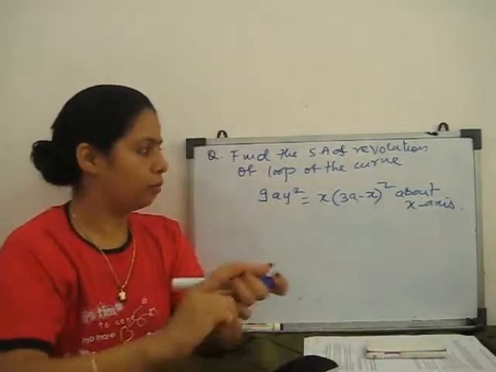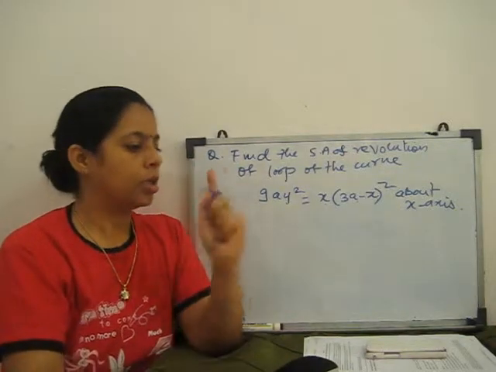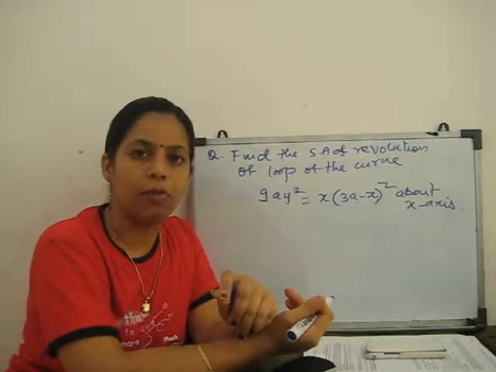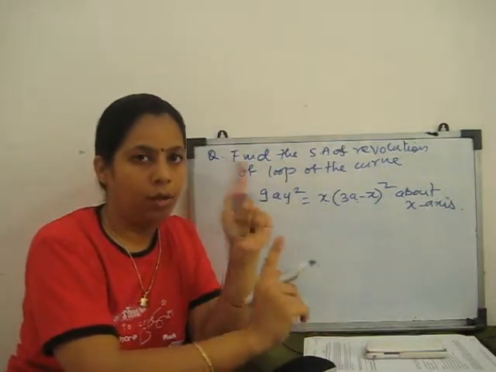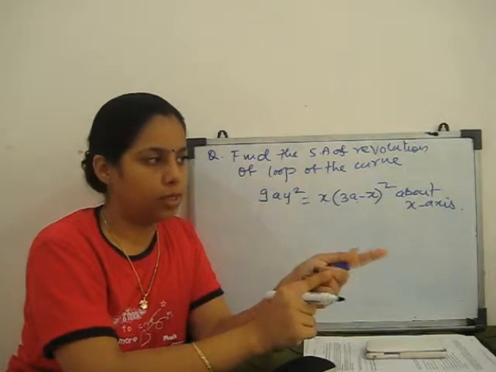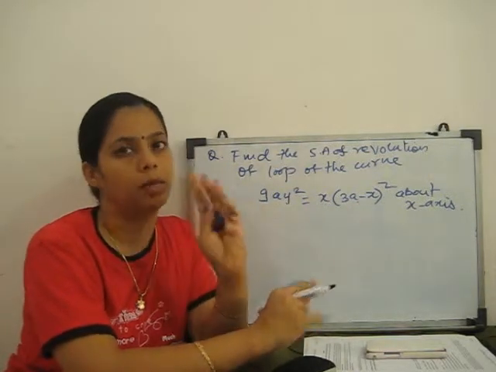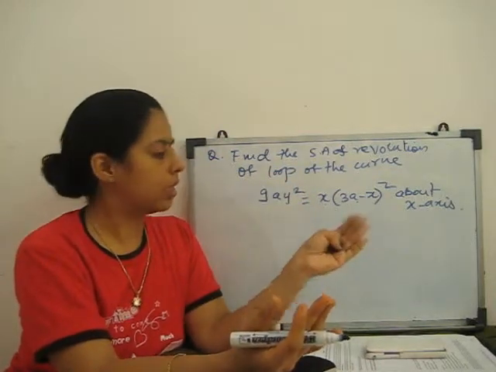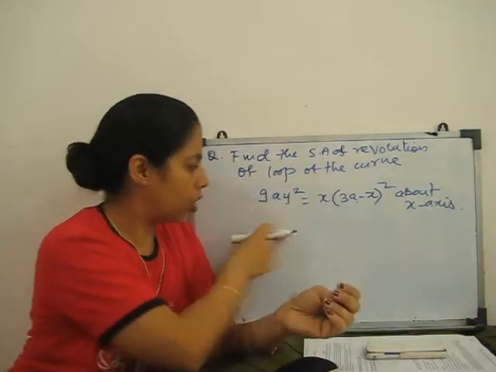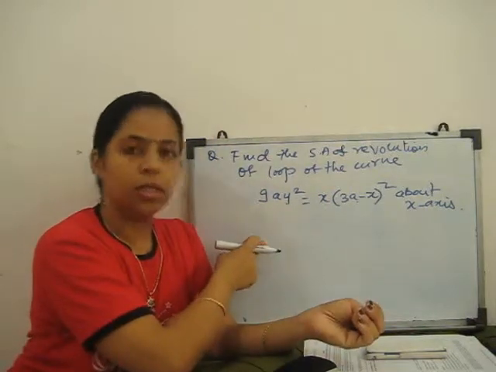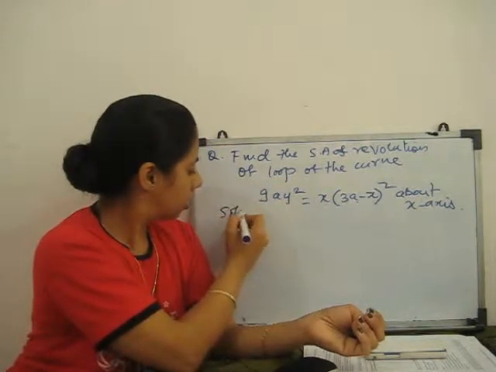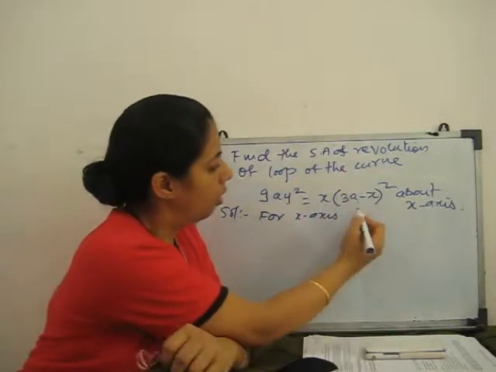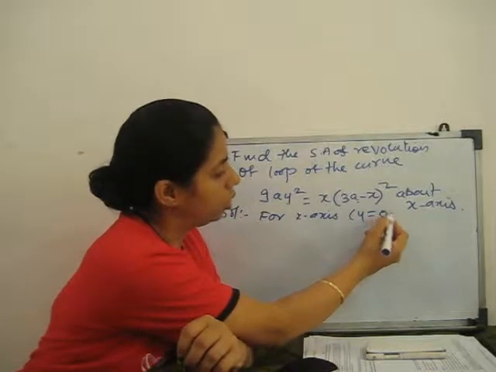So step 1, first we have to find out dy by dx. Before that, we have to find out the limits for x also. Means x is going from which lower limit to which upper limit. We need the limit also. For limit, it is about the x-axis, so for the x-axis y is equal to 0.